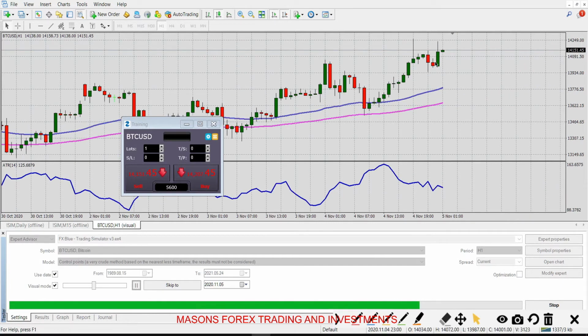Based on our summarized plan, we have a breakout: a 2 candle pullback and a breakout above.